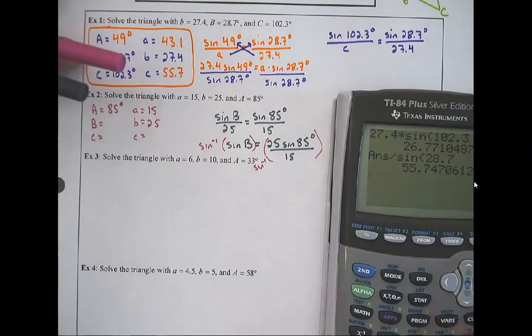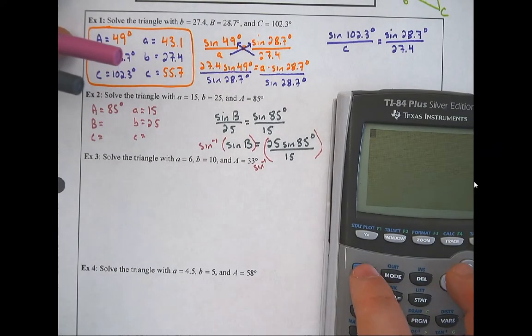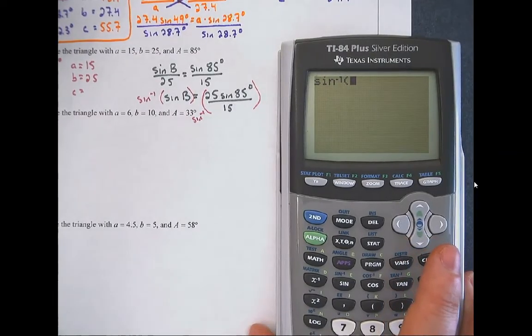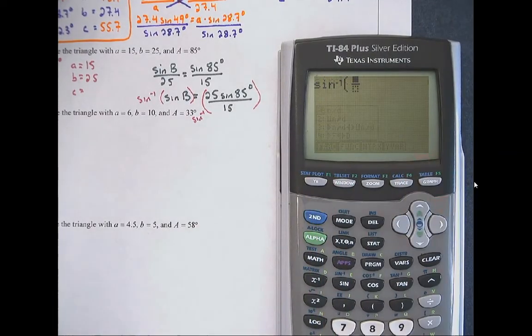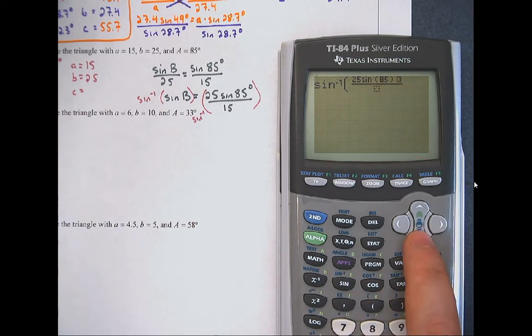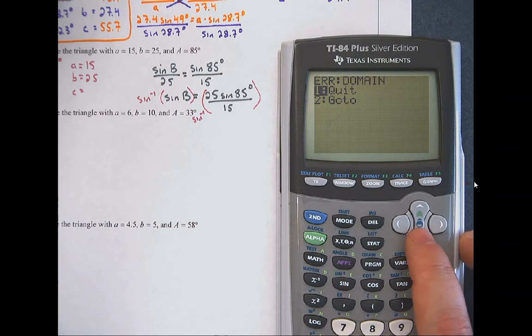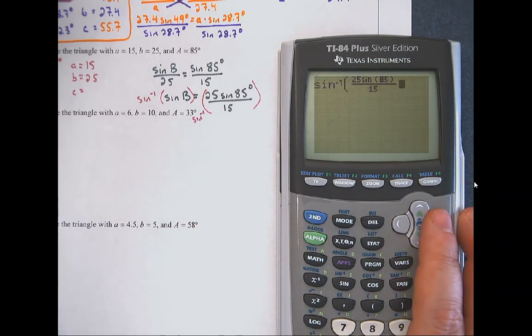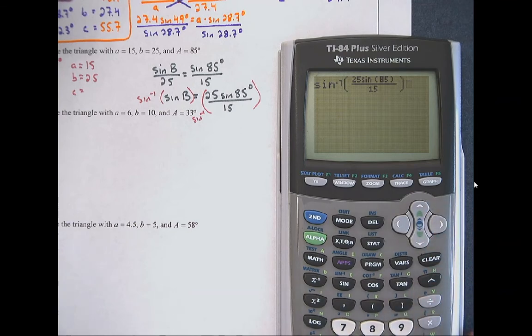So I go to my calc and do sine inverse of the fraction 25 sine of 85 over 15. Whoa. Domain error. Did I type something in wrong? No, I didn't. And that's what I was talking about earlier about this 85 degrees.